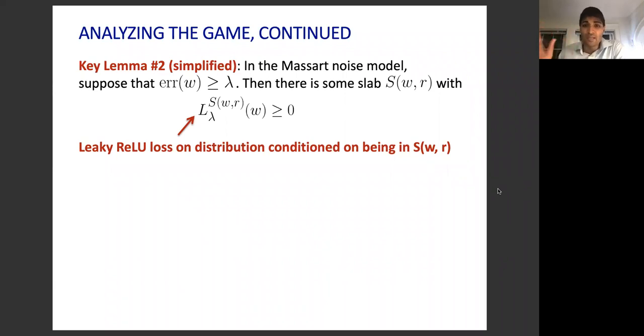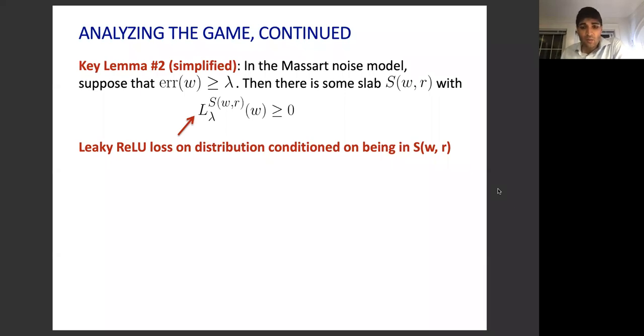And remember, lambda is at least this value eta. Then what I claim is that there is some slab. So there's some choice of R, for the slab along the direction W, so that the Leaky Relu loss of W when you restrict to that slab is non-negative.